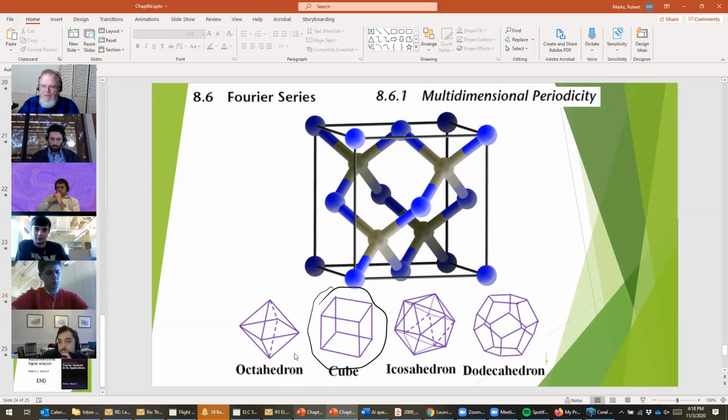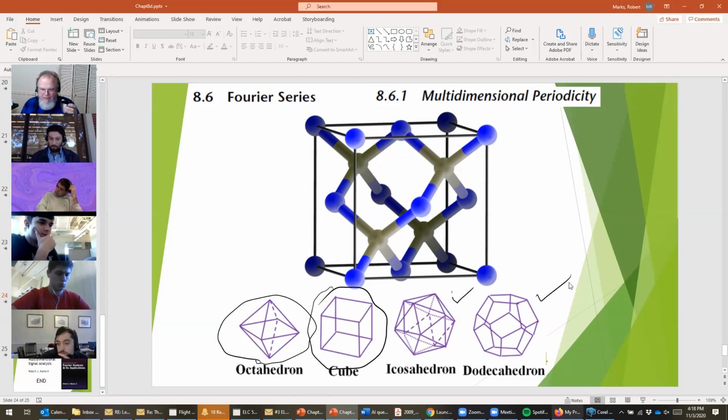And an octahedron, which people that do crystals talk about, is also interesting in that it can replicate and fill up a 3D space without gaps. And these two over here are not as obvious to me, but they're claimed on the internet as filling up a 3-dimensional space, and everything we read on the internet is true. So this must fill up a 3-dimensional space. So this is an example of a 3-dimensional periodicity of a so-called tile that can fill up a 3-dimensional space.